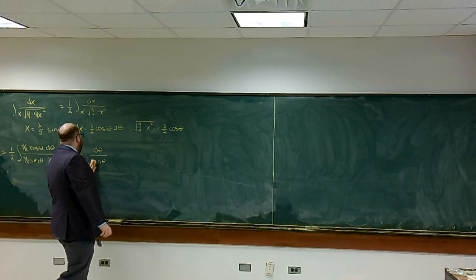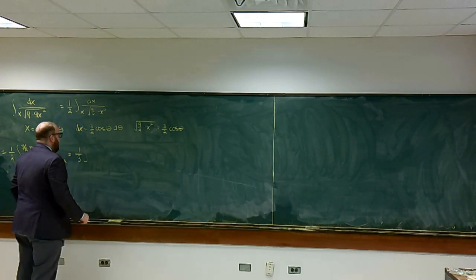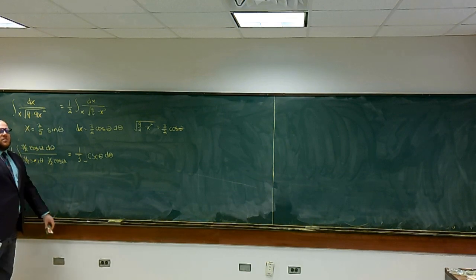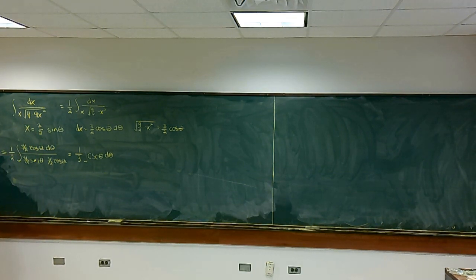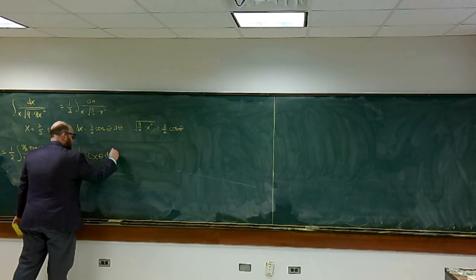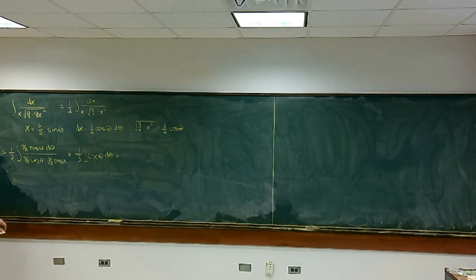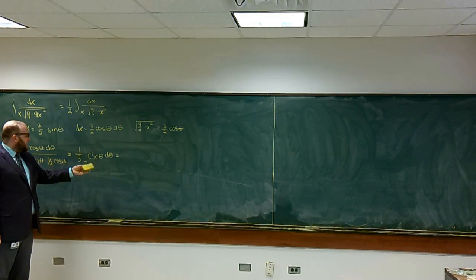But 1 over sine is cosecant. What's that antiderivative?